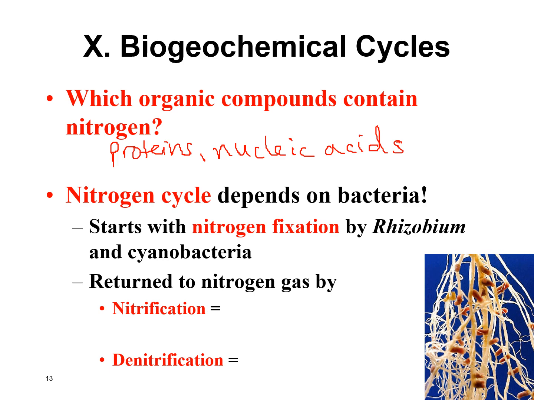What they're able to do is take nitrogen gas that's in the air and convert it into ammonia, so NH3. And then that can be used to make organic molecules. Oops, ran out of room.